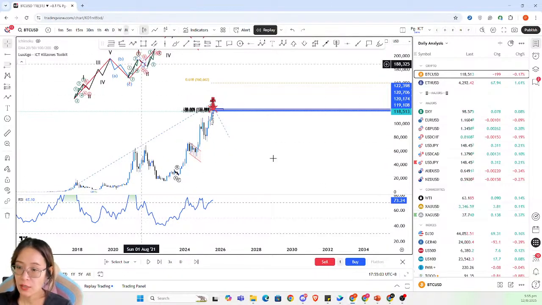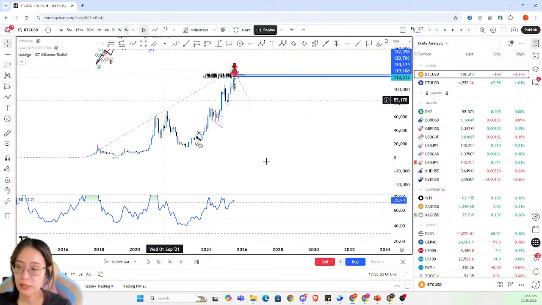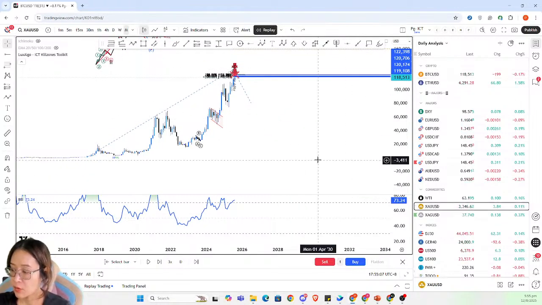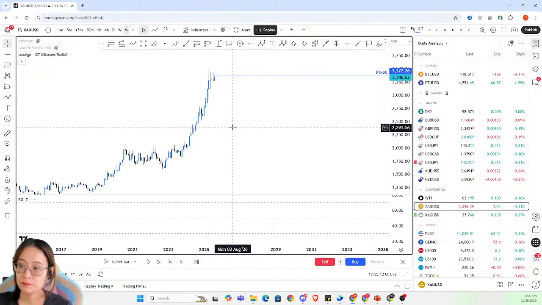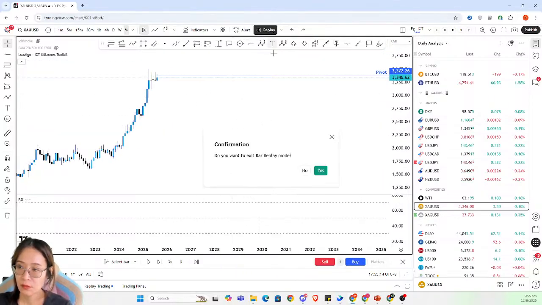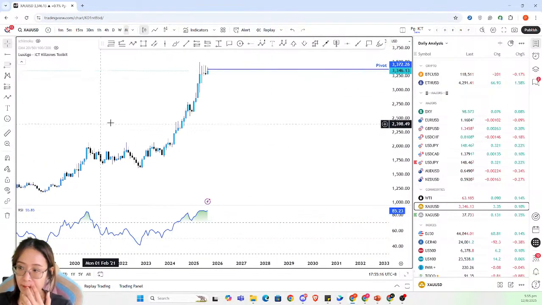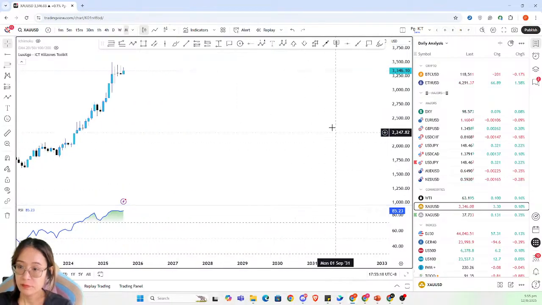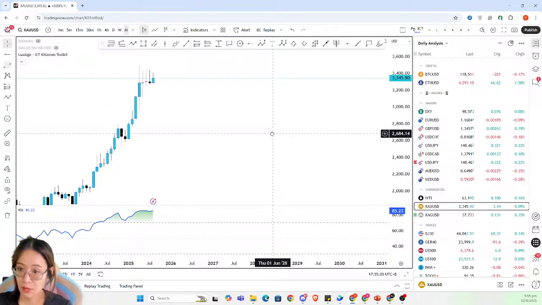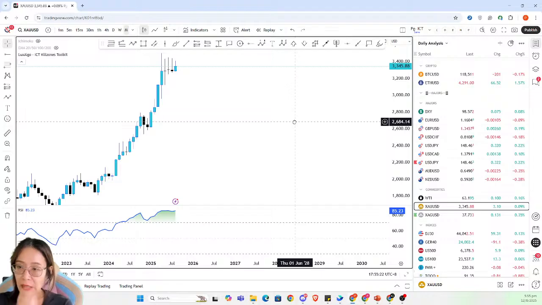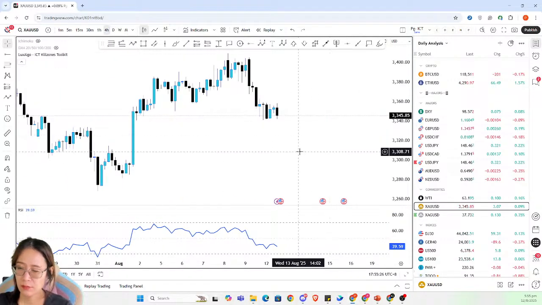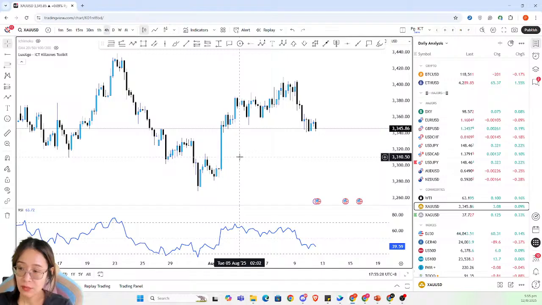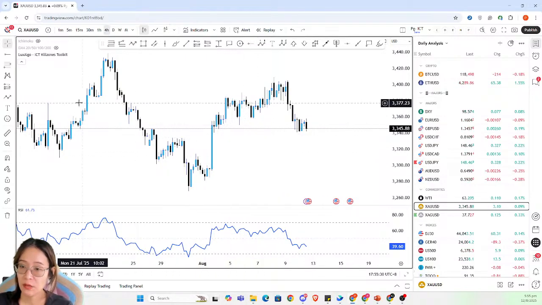Okay, another example, let me find gold XAUUSD. Okay, right here. Let's go find the supply zone, maybe at this level.